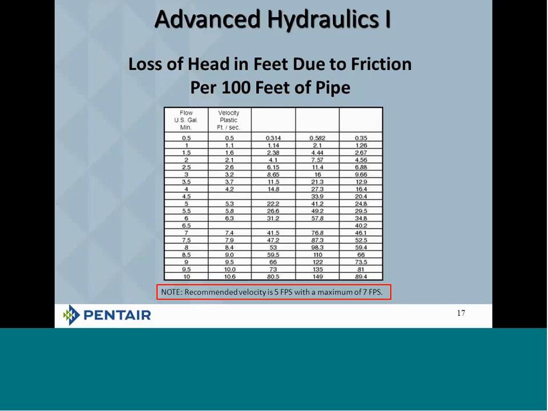Anybody who is a logical thinker is going to say to themselves, well, geez, if that's the velocity in plastic pipe, then the velocity in steel pipe must be different. And the answer is, yes, it is. But it's only different by a very, very small amount. And because it's different by only a very, very small amount, you're not going to see any difference.